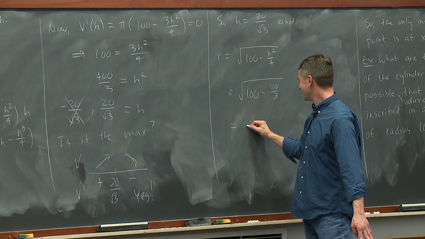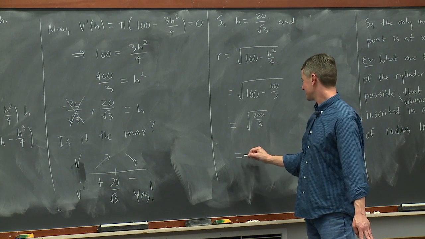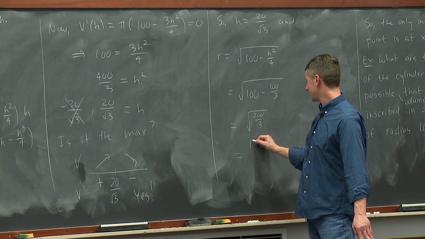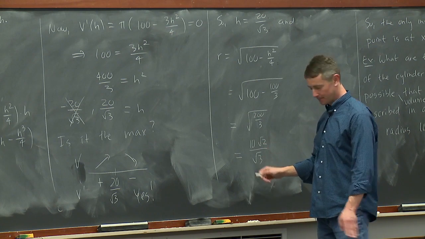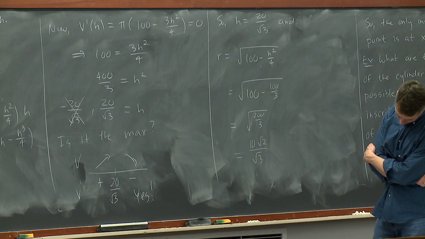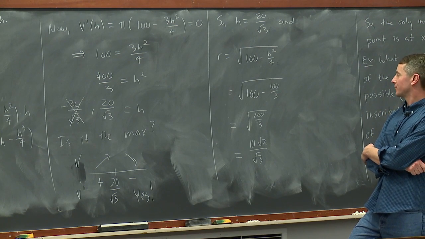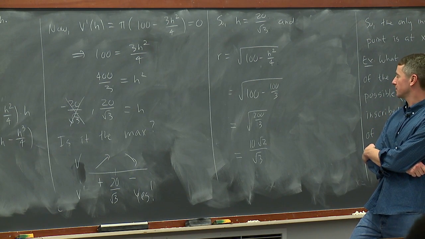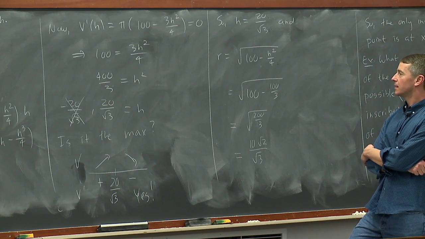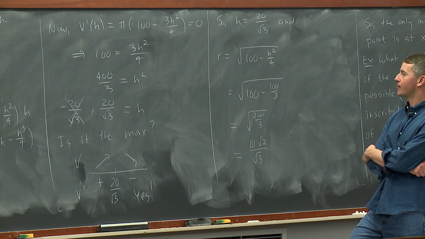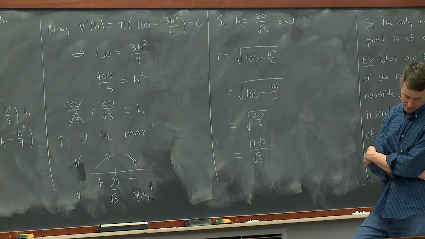Okay, fine. Square root of 200 over 3, which is like saying 10 square roots of 2 over the square root of 3. For some reason, I've written down in my notes 20 square root of 2 over square root of 3. So does anyone see if there's a mistake somewhere? It's possible that I wrote it down wrong.